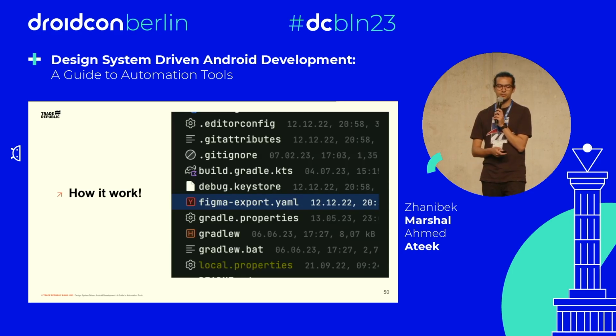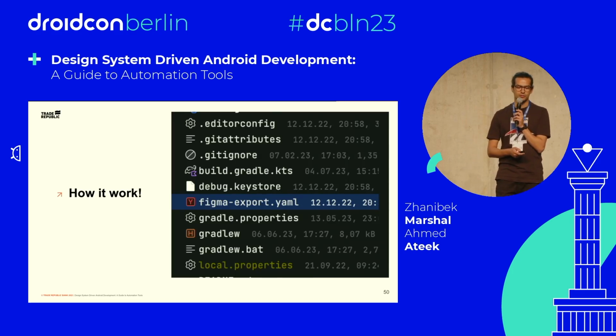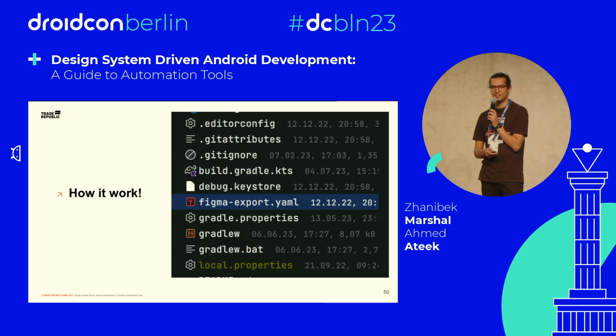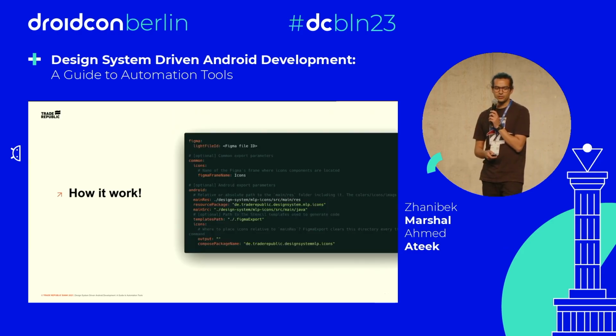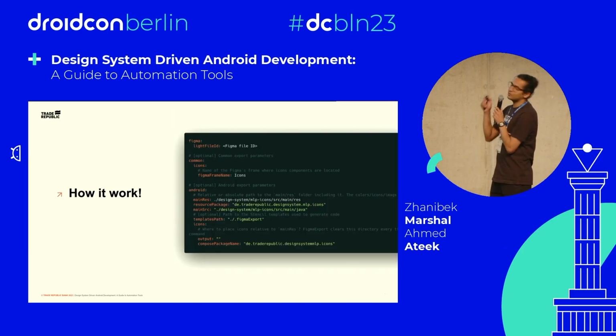They provide a YAML file, which is not great, but at least it's YAML. You need to provide some data: some ID, some icon naming for the Figma frame, where this should go, and some templates if you want.